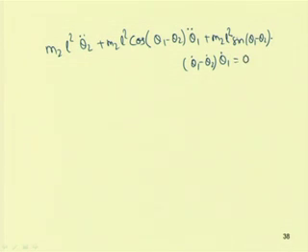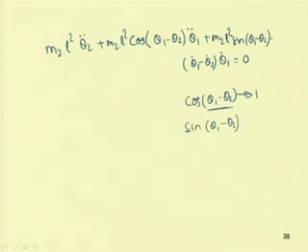So, in this case you can see that when theta 1 and theta 2 are very small, then theta 1 minus theta 2 will be very small, and cos of theta 1 minus theta 2 will tend to 1, since cos 0 equals 1, and sin of theta 1 minus theta 2 will tend to theta 1 minus theta 2.